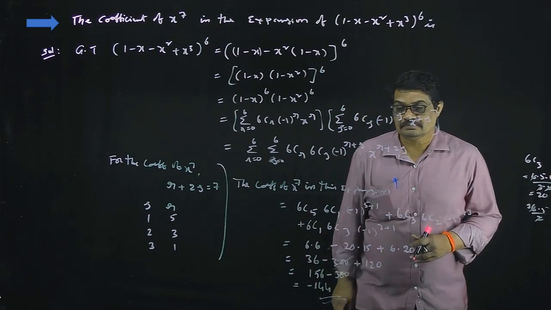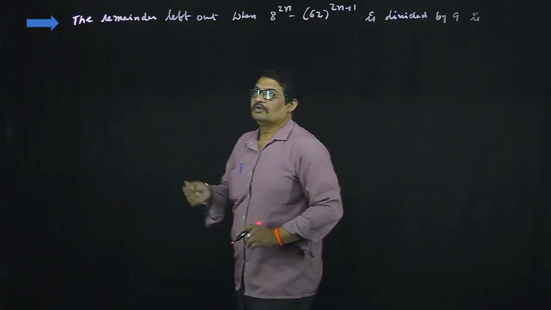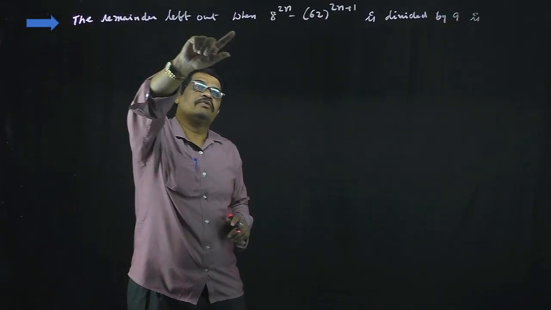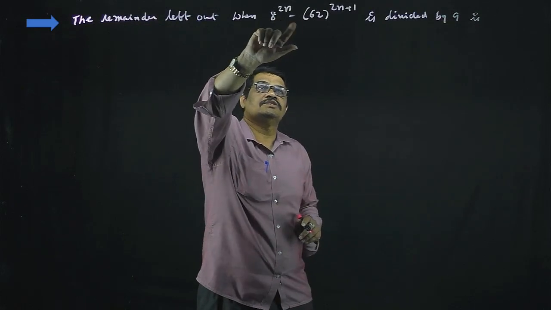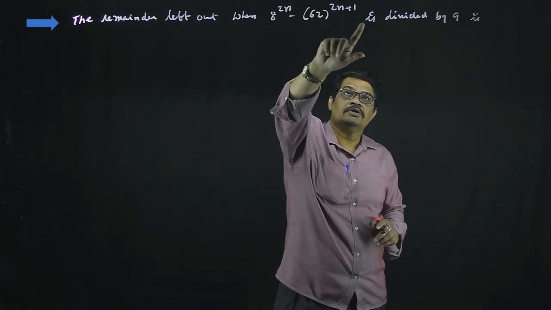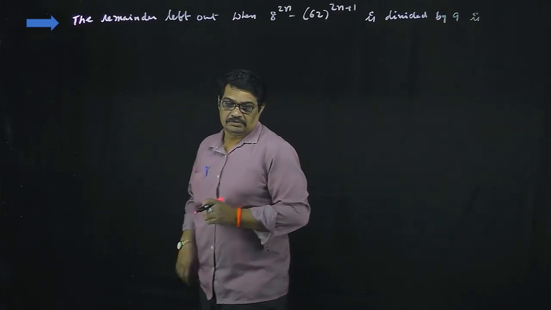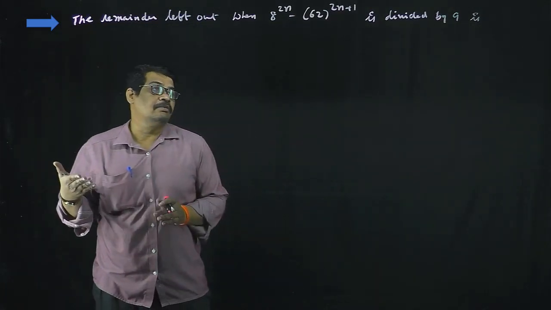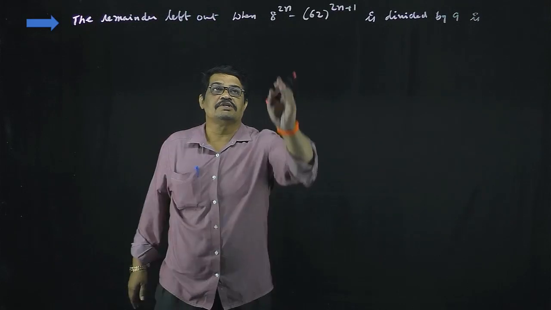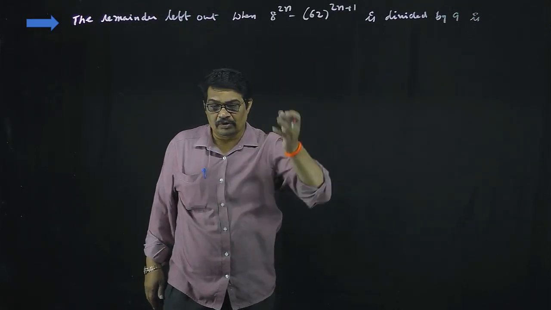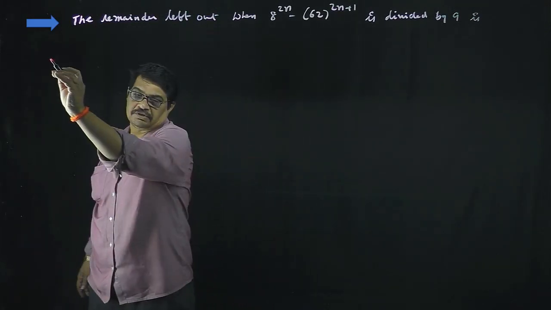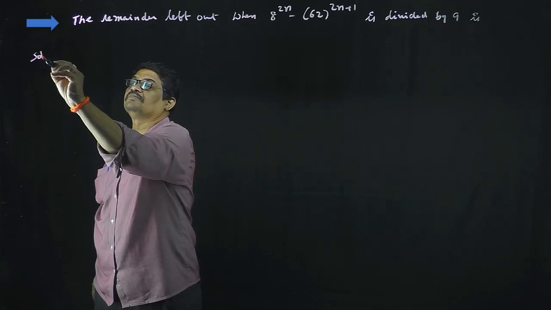Okay. The problem: the remainder left out when 8 power 2n minus 62 whole power 2n plus 1 is divided by 9. We have to find the remainder. Okay, see the solution.